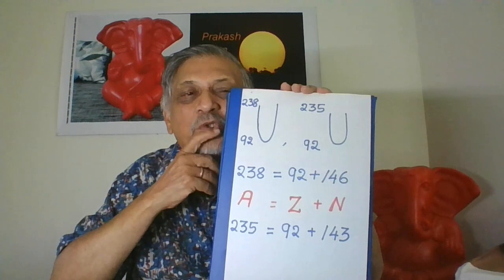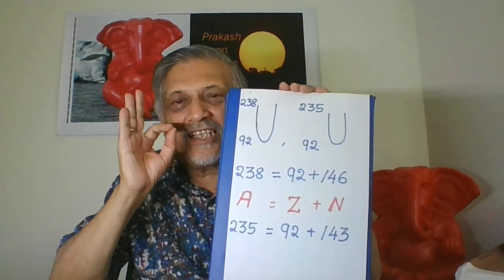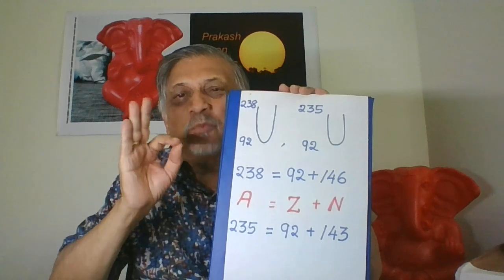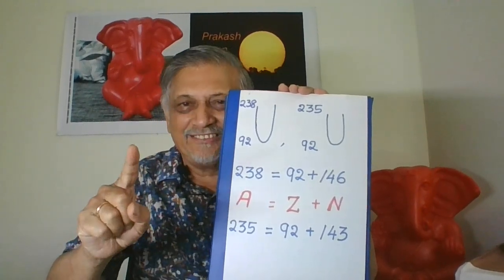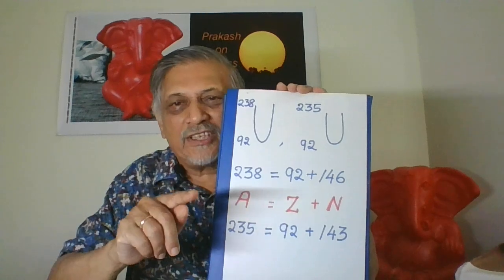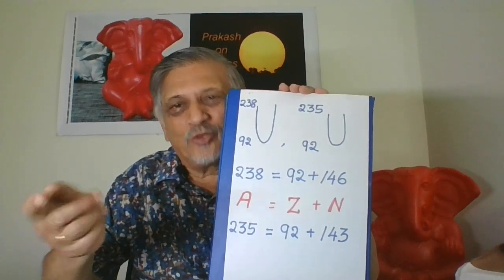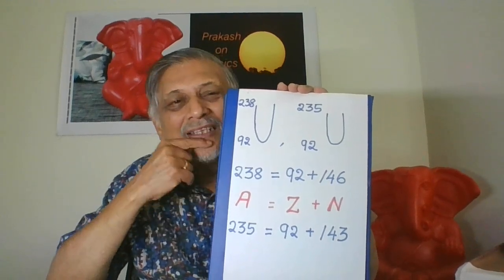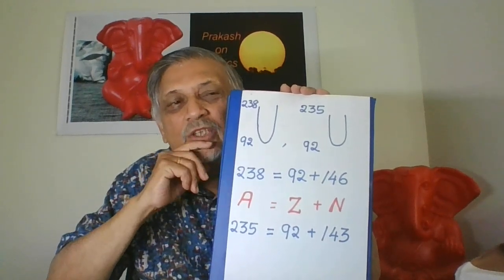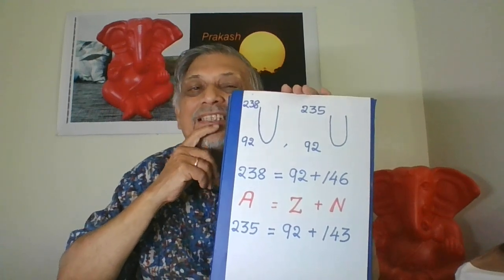So when I talk of uranium 238 92, it means that there are 92 protons, which is its atomic number Z. There are 146 neutrons to make the system relatively stable. And the total of these two is 238, which is known as the atomic mass number.